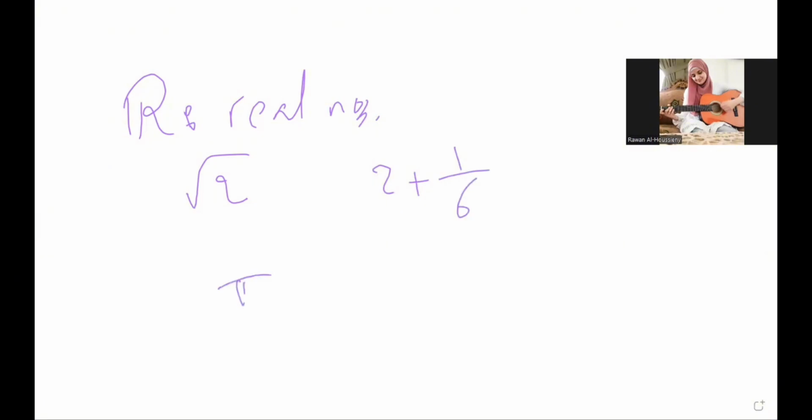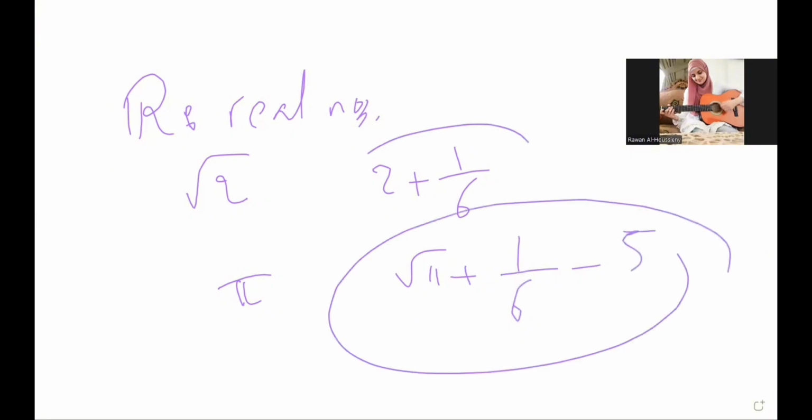Pi is a real number. For example, radical 11 plus 1 over 6 minus 5, let's say. All these are real numbers. Any number is called a real number. So we can say that all the numbers are real numbers.